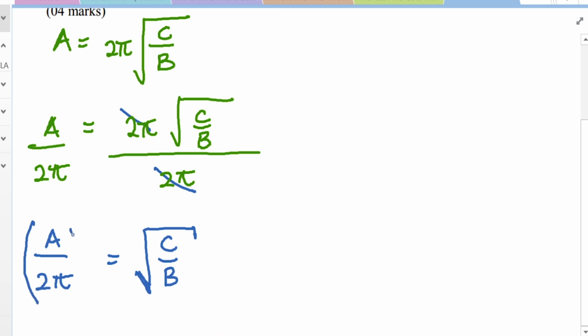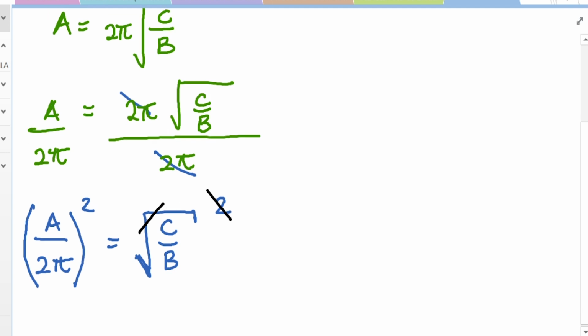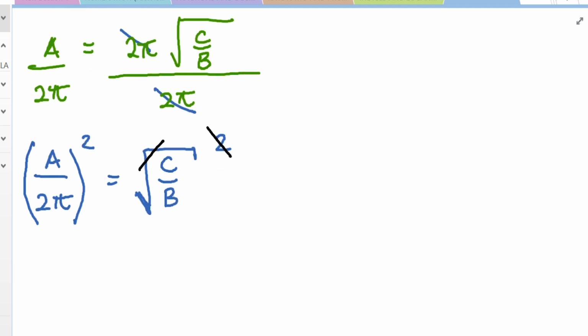So how do we remove it? By squaring on both sides. When we square, this goes with that, and we shall remain with c over b, giving us a squared over 2 pi squared, 2 squared is 4, pi squared is pi squared, like that.